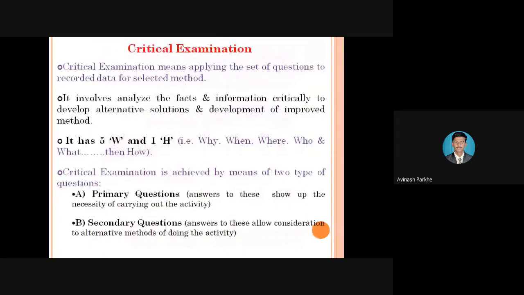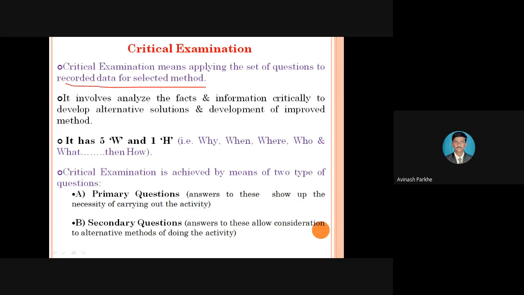Now we'll discuss the next point, which is called critical examination. What is meant by critical examination? Here is the simple definition: critical examination means applying a set of questions to the recorded data for the selected method. Sometimes we have to modify the method, and during that modification we go for critical examination.